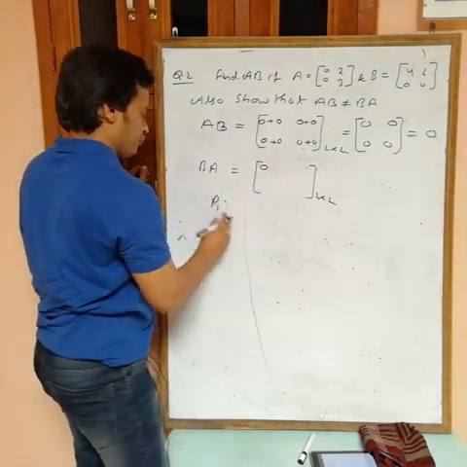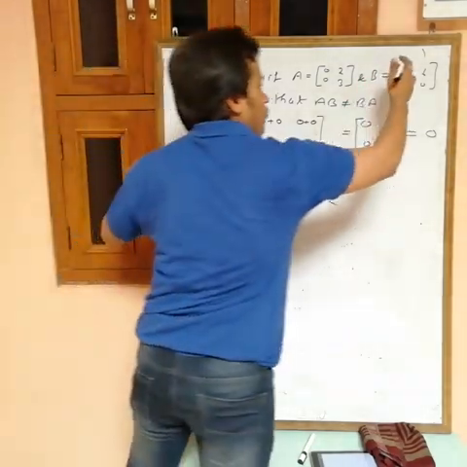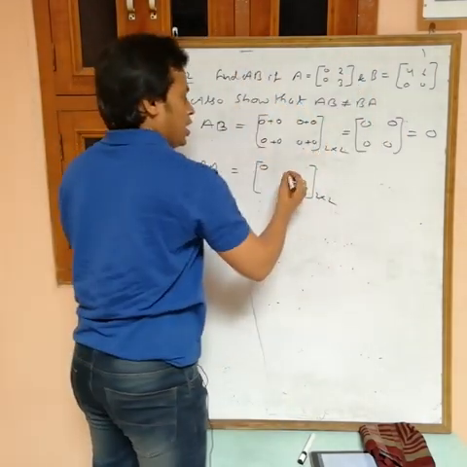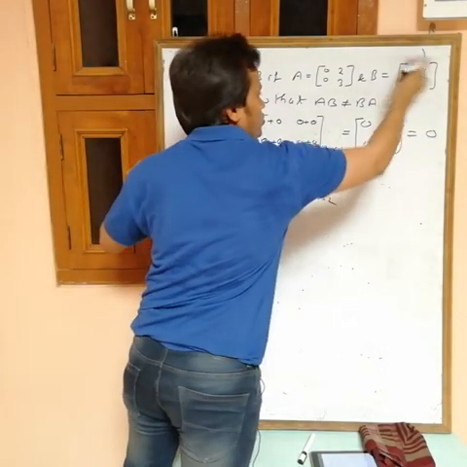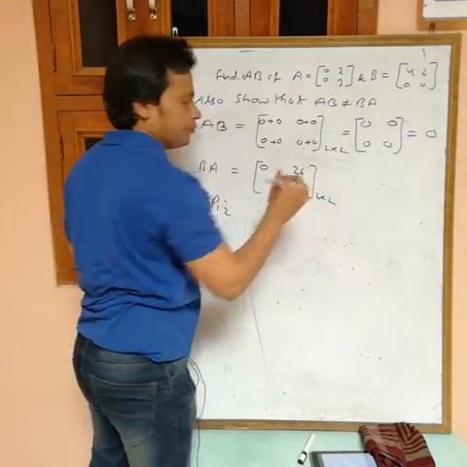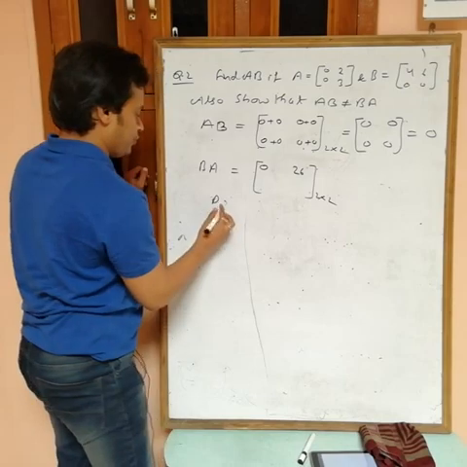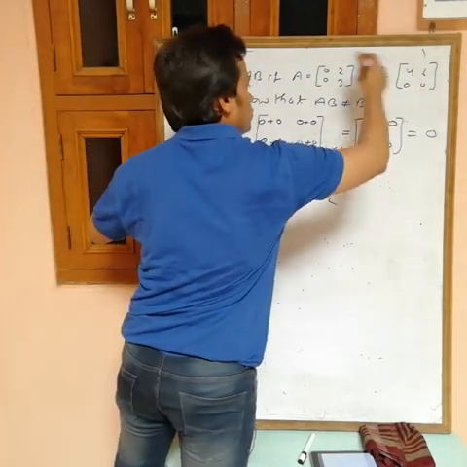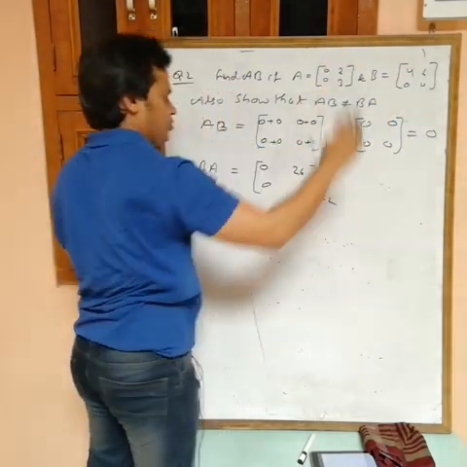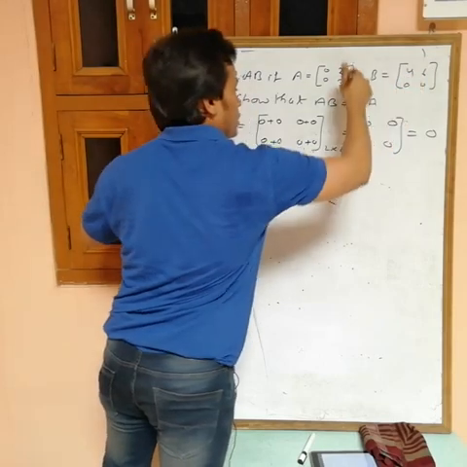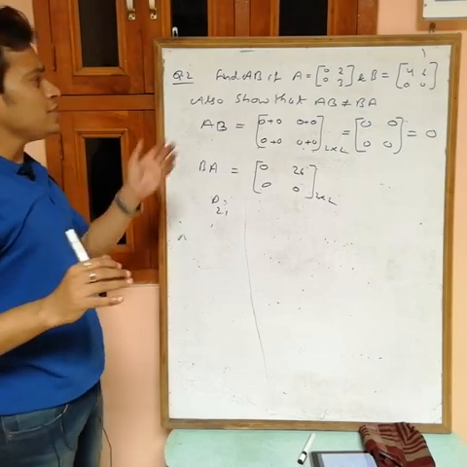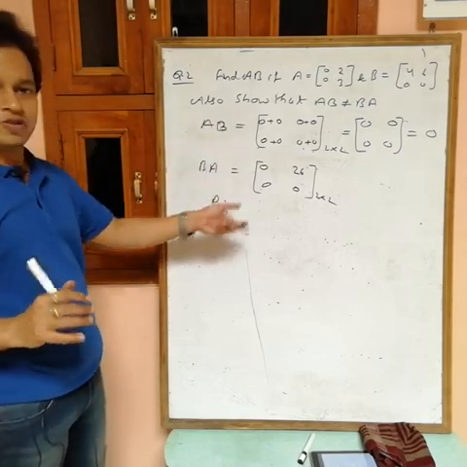Now P12, first row, second column: 8 plus 18, which is 26. Now P21, second row, first column: 0. Now P22, second row, second column: 0. Now easily you can see AB is not equal to BA.